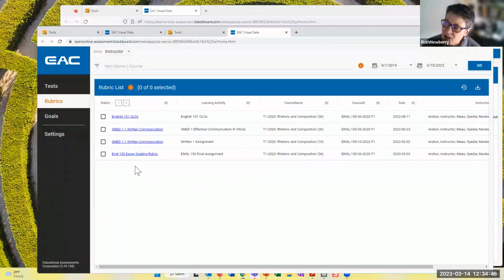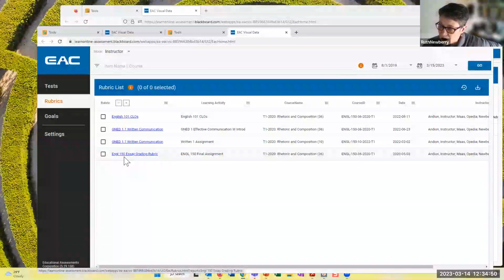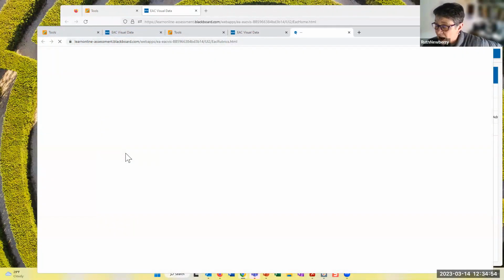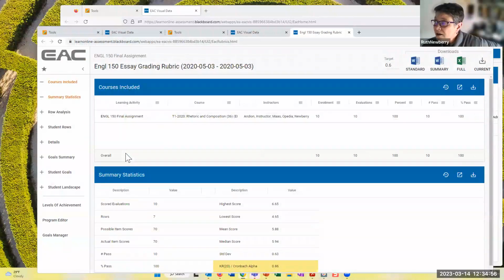Now, if I look at my grading rubric, I just want to look at it, I can click on it, on the name, and it's going to open up. And I can see here's my English 150 grading rubric. It was scored during this time frame.